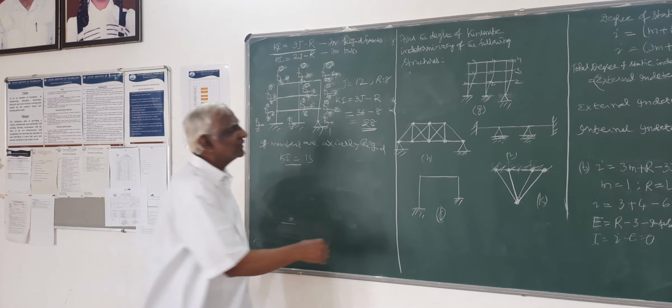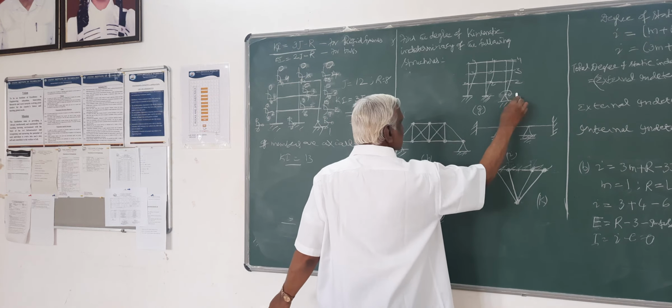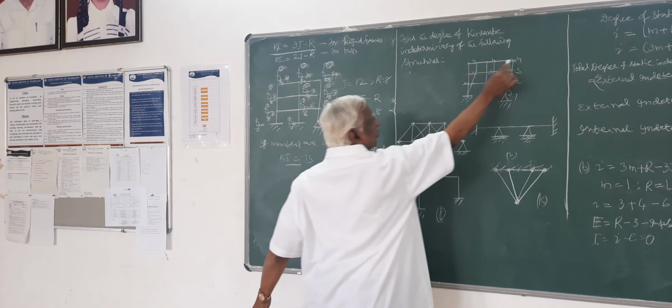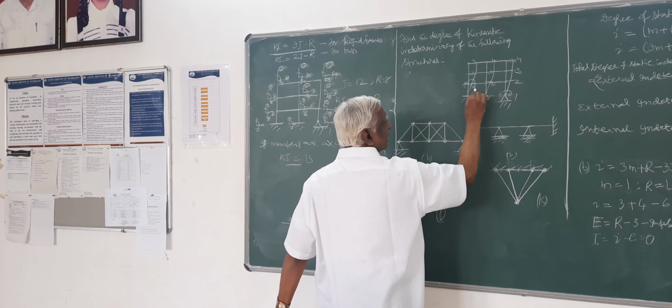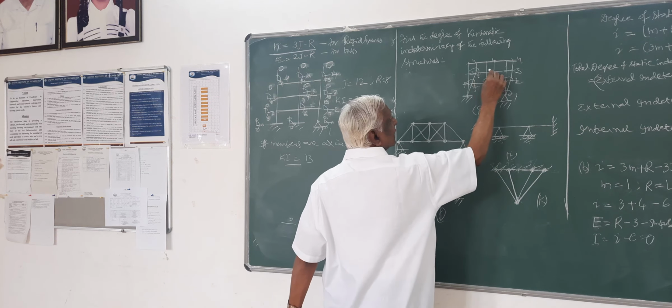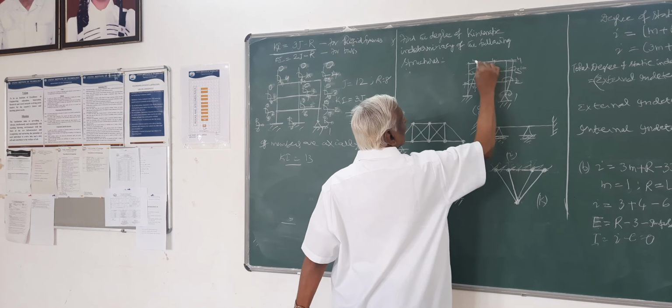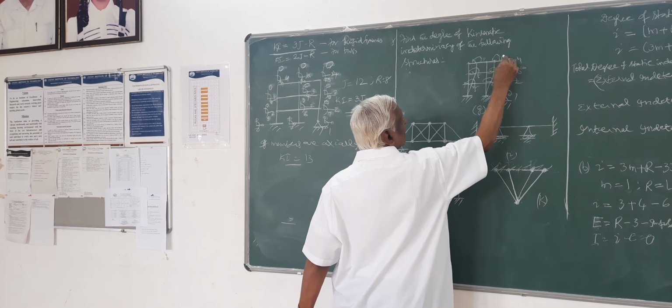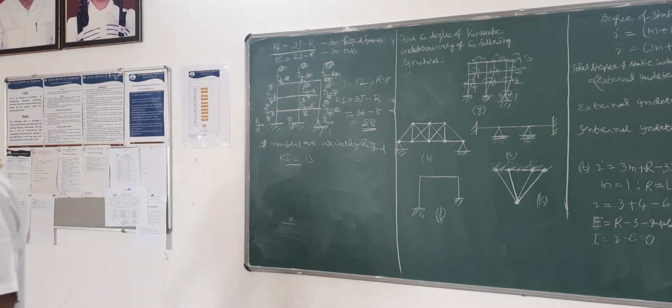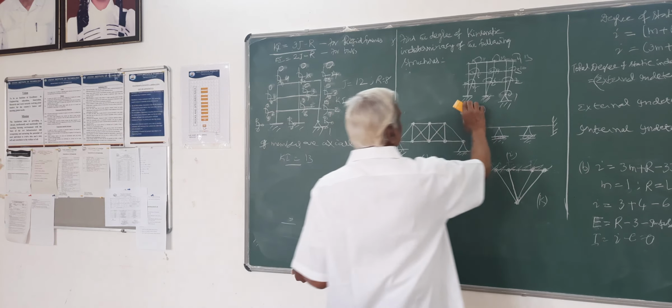Then rotations. Rotation here I have taken as 1 rotation, then 4 is over, here rotation is there, 5, 6, 7, 8, 9, 10, 11, 12, 13. That's what. Okay. That I have marked separately, if members are axially rigid. So that is about this.